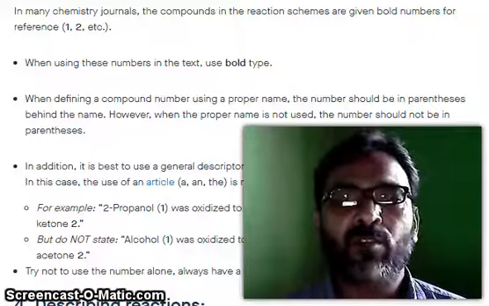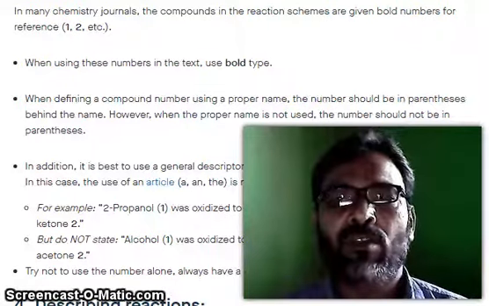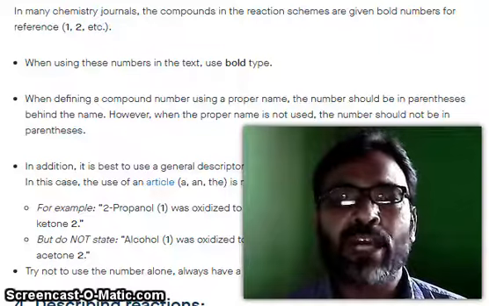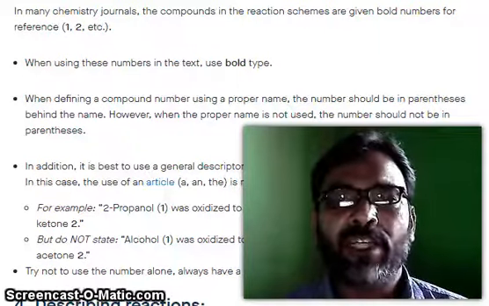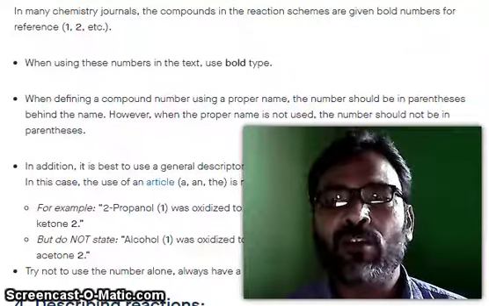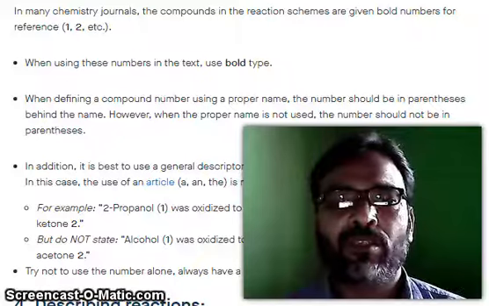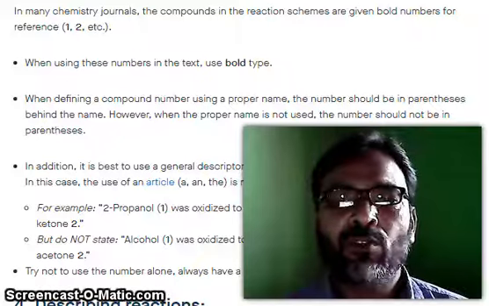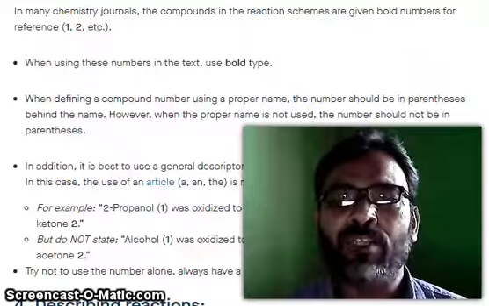For example, 2-propanol was oxidized to acetone, or alcohol 1 was oxidized to ketone 2. But do not state alcohol 1 was oxidized to ketone or 2-propanol 1 was oxidized to acetone. Try not to use the number alone. Always have a noun descriptor if possible.